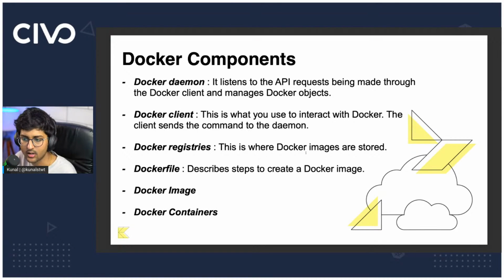Registries are basically where Docker images are stored. Let's look into what images are. I will give you a really nice example, and it will make things very clear. Imagine that you are cooking. When you're cooking a new dish, how does that scenario play out? You have a recipe written on a page or something.